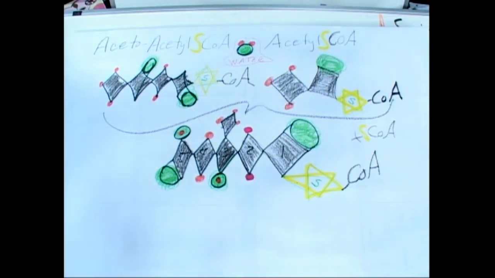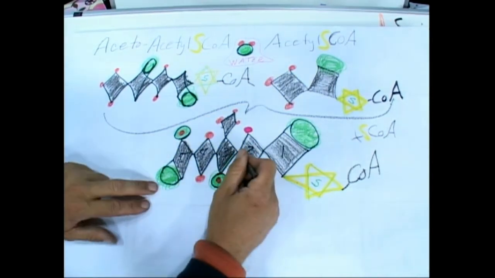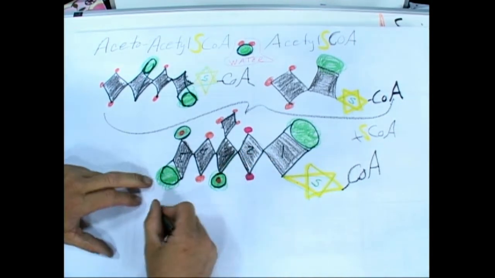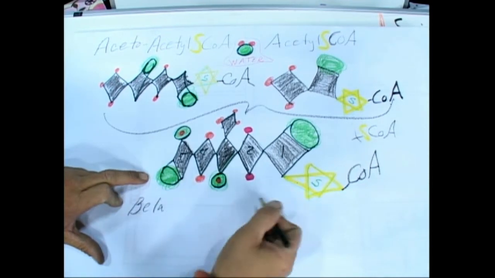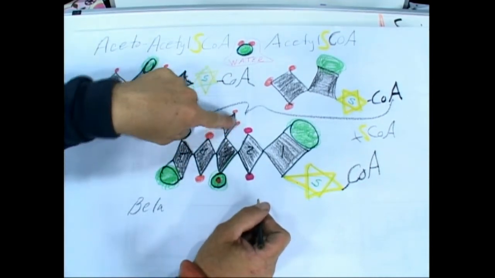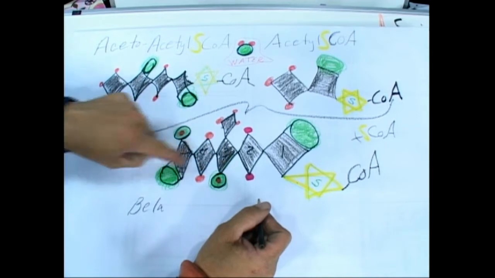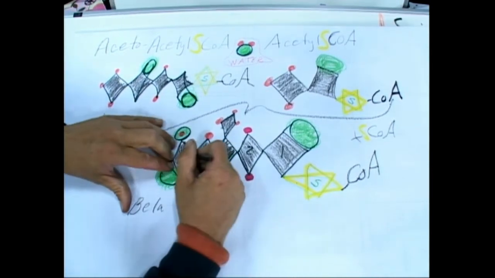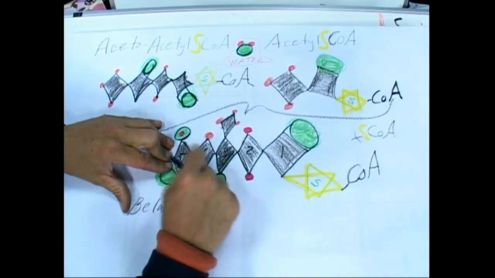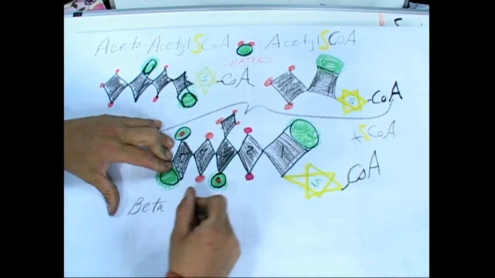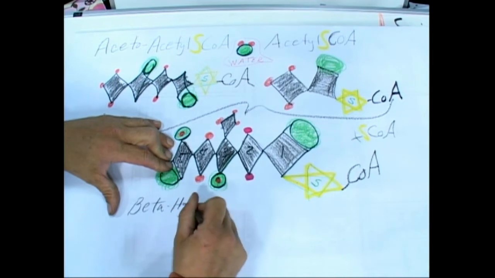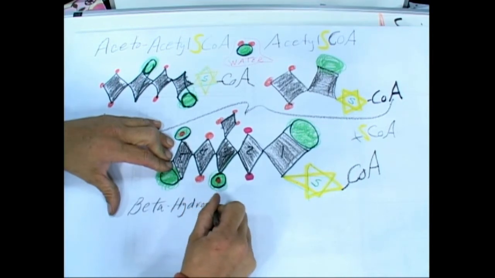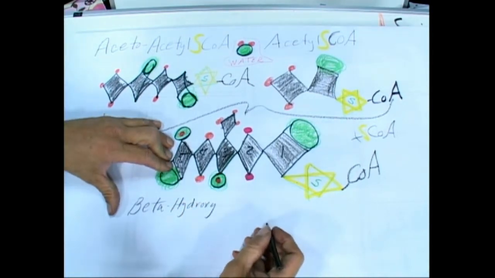Now to show you how cool you guys are, we're going to name this thing. It's called a beta hydroxy. Beta means 2, so it's 2 over from the carboxylic acid, so we should have numbered them the other way, 1, 2, 3, 4, 5. So beta-hydroxy, that means the alcohol.